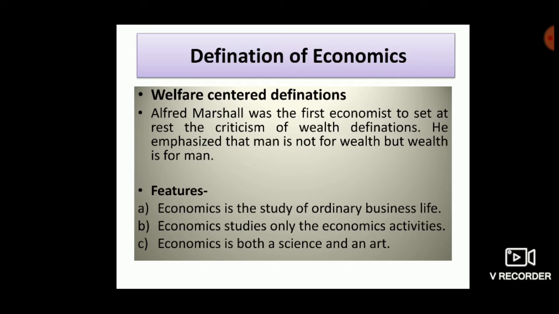The welfare definition has emphasized the importance of man. According to Professor Marshall, man is not for wealth, wealth is for man. According to him, wealth is only a means and not an end. The end is human welfare. Economics is both a science and an art.